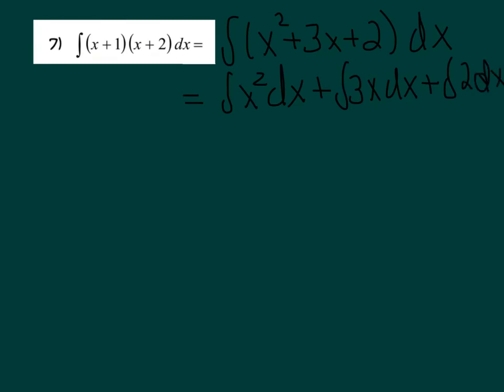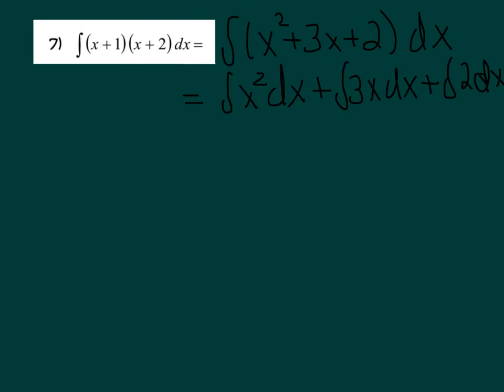Now, what do we have here? We have a pretty simple integral because we have only x squared. We have a constant here, so we're going to do the constant times the integral of the function. Before I do this integral, because I want to do the integration of the three terms at the same time, I'm going to use the constant rule first for these two terms.